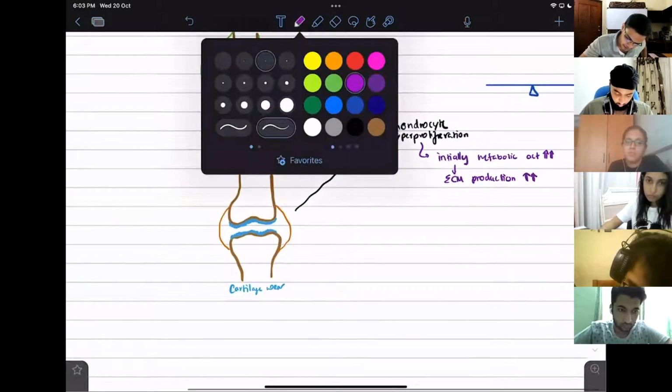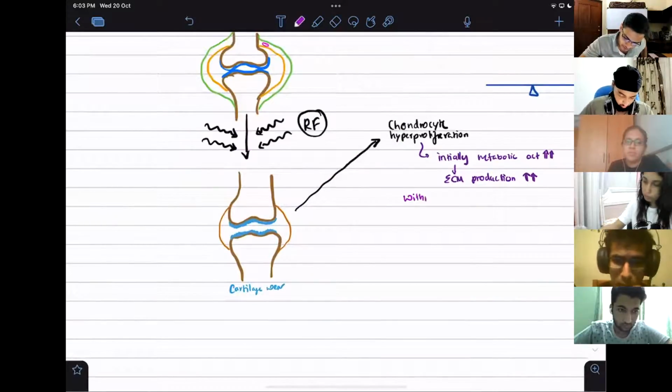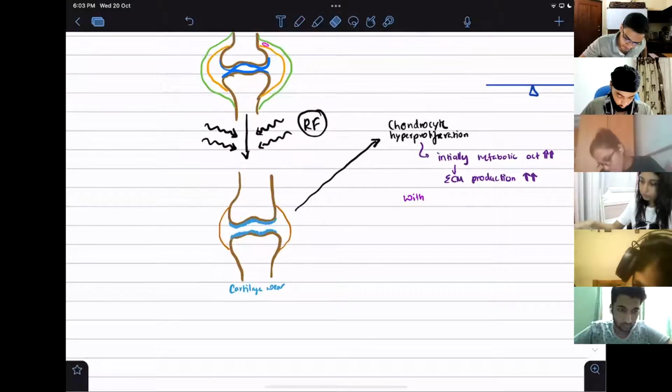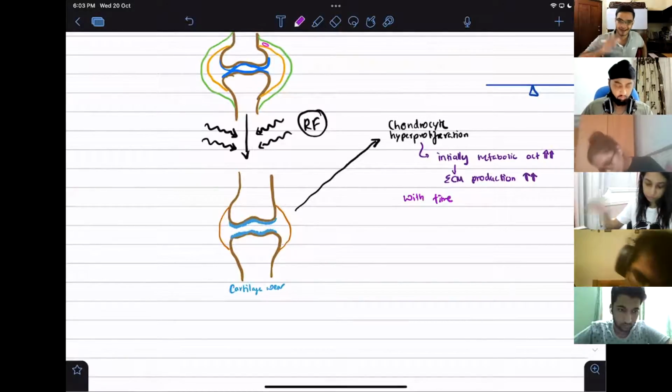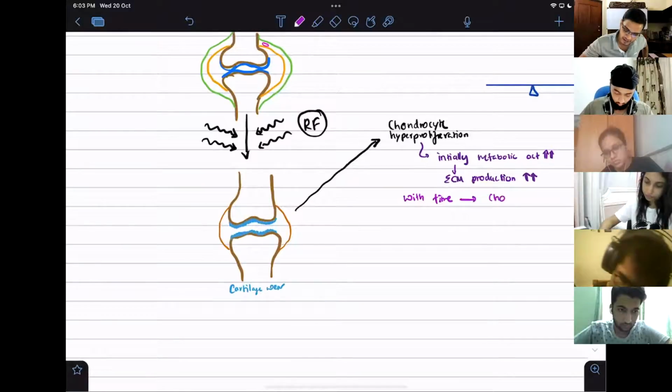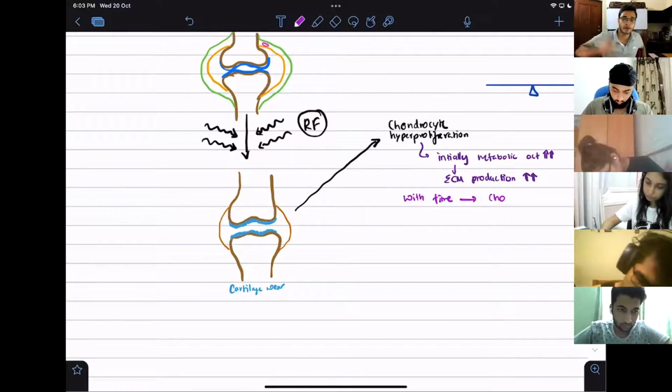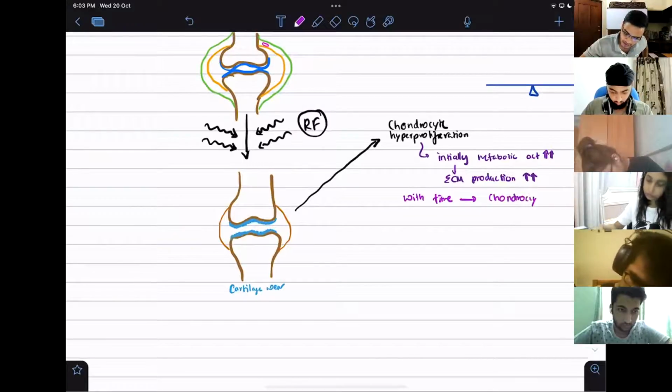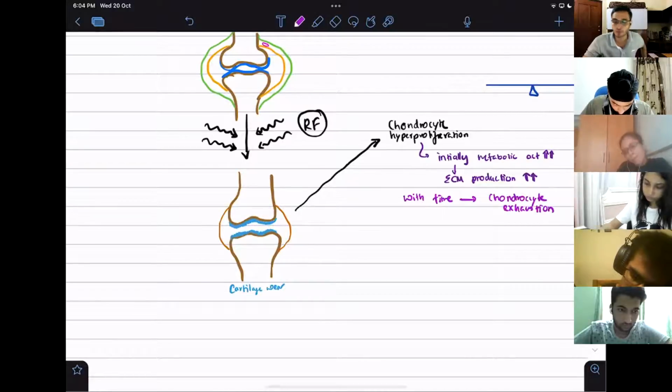With time, what happens to these chondrocytes? We call it chondrocyte exhaustion, because they have to continuously keep producing and producing. Chondrocyte exhaustion. So their ability to produce ECM goes down.